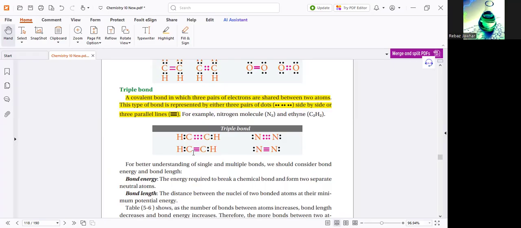Carbon with carbon can be represented by three lines, the triple bond, and each line consists of two electrons, so we have six electrons. Nitrogen N2, because we have a triple bond, can be represented by three pairs of electrons, so we have six electrons between these two nitrogen atoms.